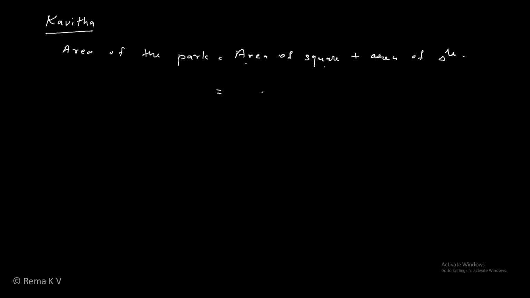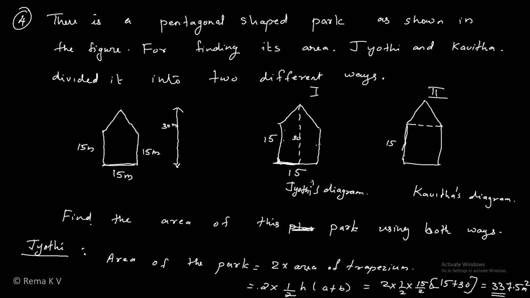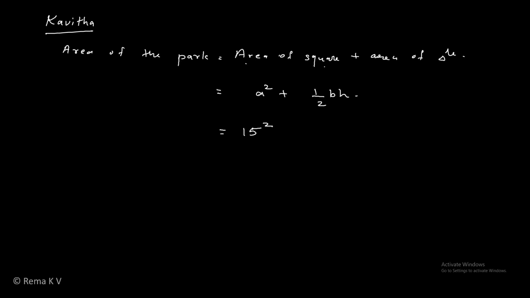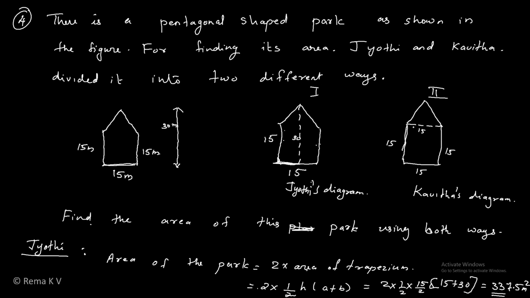So area of the square is a square plus area of the triangle is half bh. See, here it is 15. This side is 15. This side is 15. This is also equal to 15. So it is 15 square plus half into base of the triangle is 15, total length is 30, and here it is 15, so the perpendicular height is also equal to 15.